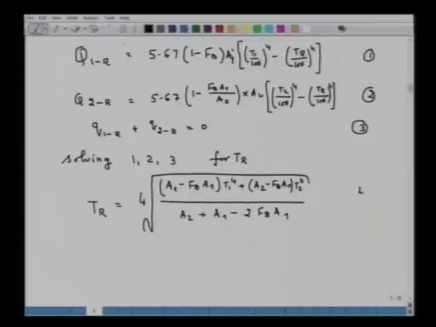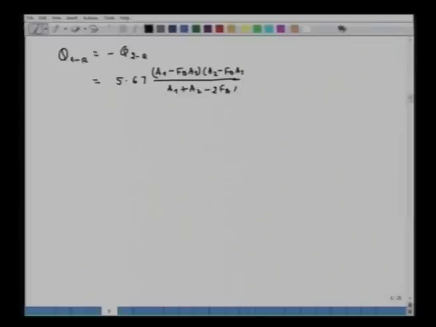This is expression number 4. So, this particular expression gives you the temperature of the refractory surface, which is due to net exchange of heat from A1 to A2 and A2 to A1.